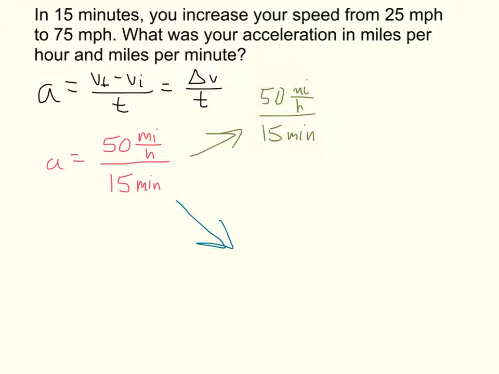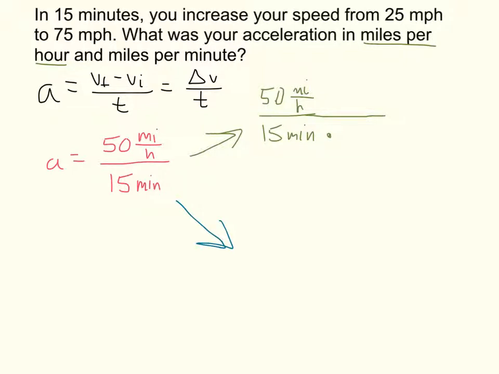So for the first one, we'll do this one in green. Miles per hour will be in green. You can see here I already have miles per hour. It's the minutes that I need to change. So what I'm going to do is in my denominator, I'm going to multiply that 15 minutes by a value that equals 1.